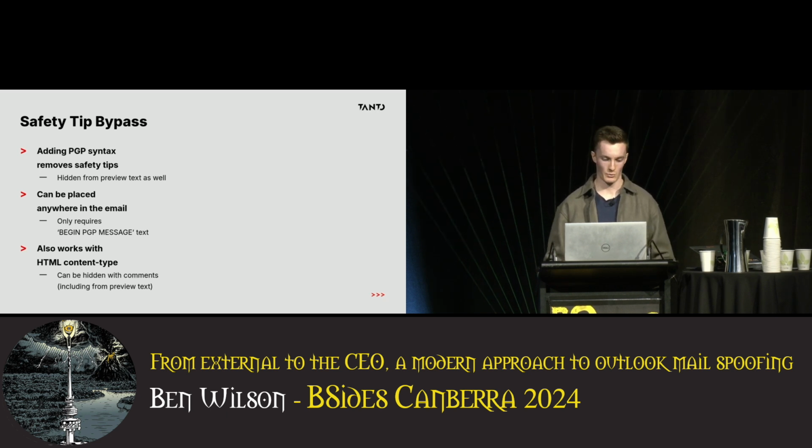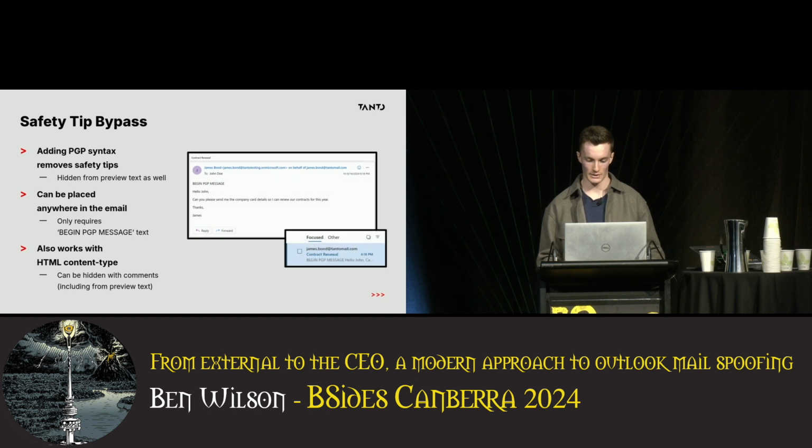And it also works with an HTML content type. So it means that you can put your begin PGP message inside an HTML comment, and it's never displayed to the user and it's completely removed from the email, and they have no idea what's going on.